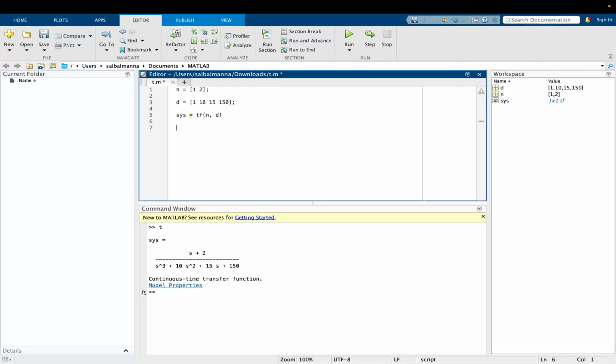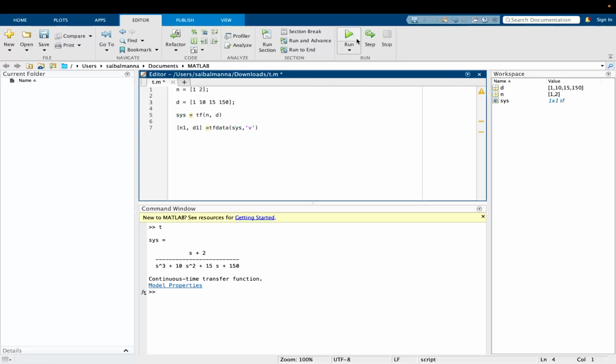Now if you want the coefficients of the numerator and denominator from this transfer function, I just represent the numerator as n1 and the denominator as d1, and just write tfdata. In brackets you have to write the system, here we define it as sys, and comma variable v.